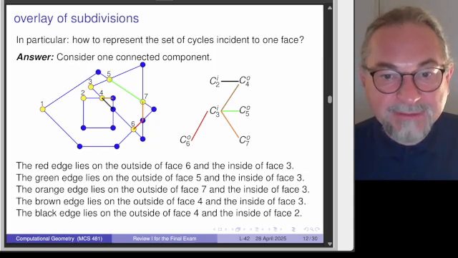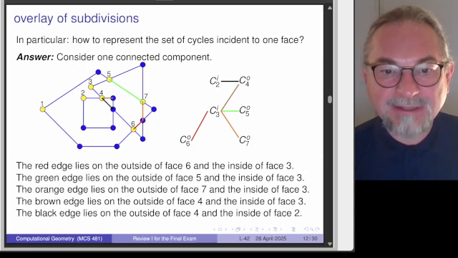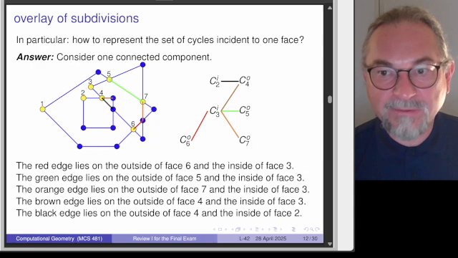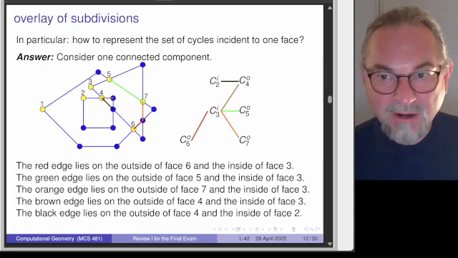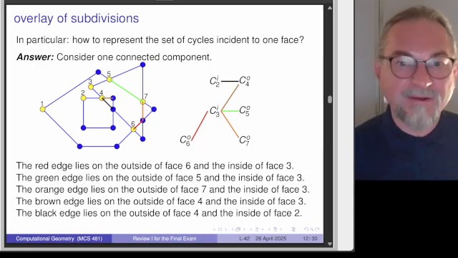So one can look at the green edge that lies on the border of face 3 and face 5. That green edge lies at the outside of face 5. So you go clockwise from 7 to 5.